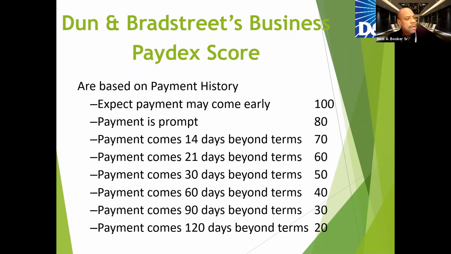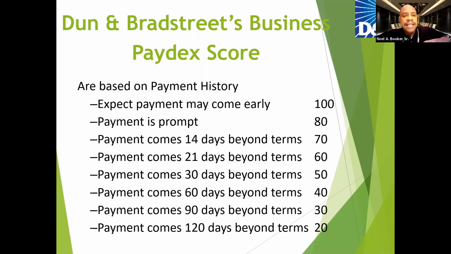If you make payments early, then you can earn a 100. If payments are prompt, then you get about an 80. If your payments come in 14 days beyond the terms, you get about a 70. If payment comes in 21 days beyond the terms, you get about a 60, and so forth.